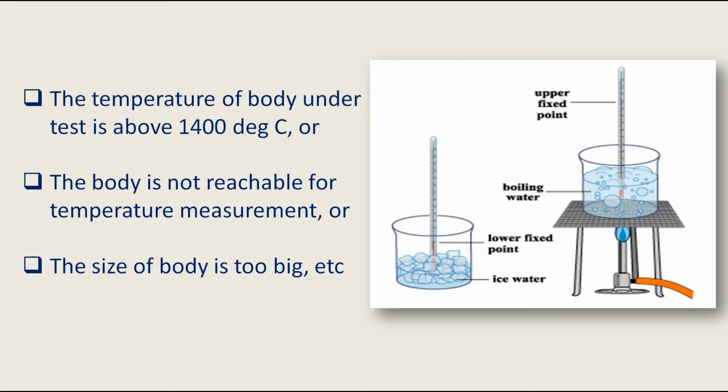The temperature of the body under test is above 1400 degrees centigrade, or the body is not reachable for temperature measurement, or the size of the body is too big. In such cases, the temperature measurement is done through radiant energy emitted by the body when it is hot. This radiation is electromagnetic in nature.